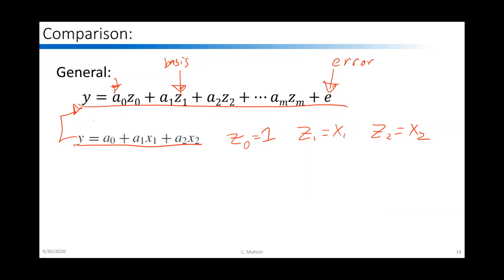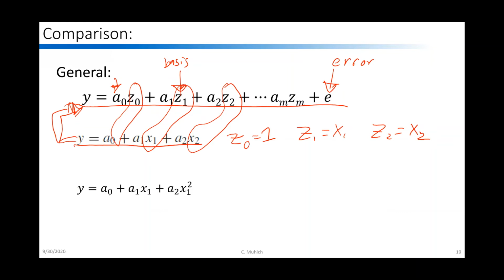So I'm just converting this bottom equation into that top equation by looking at how the z's correspond. We can do that again with this lower equation. In this case, z0 is still 1, z1 is now x1, and z2 is now x1 squared.